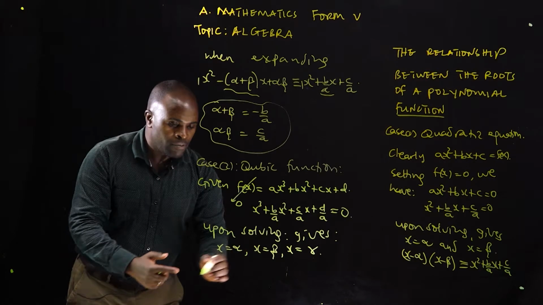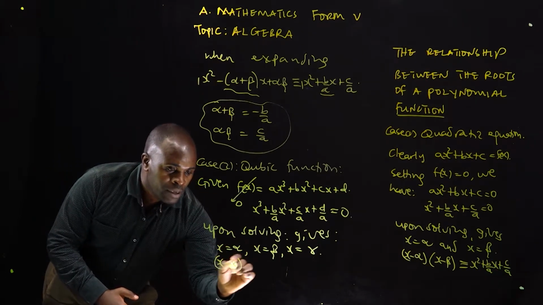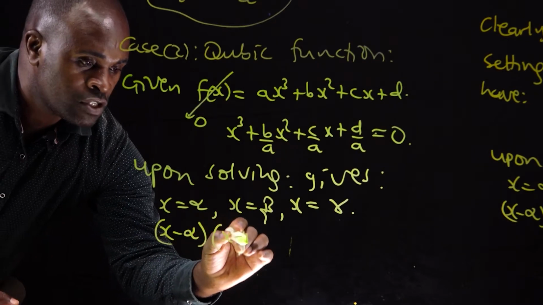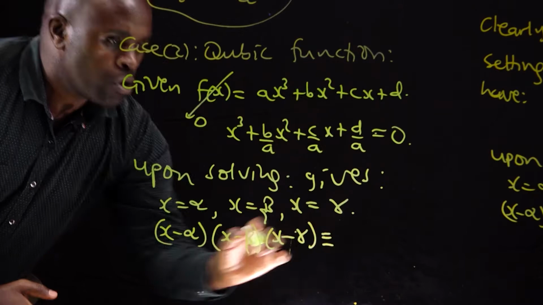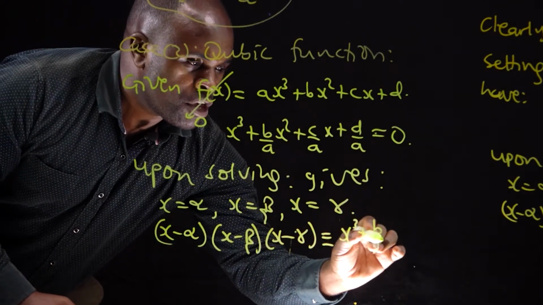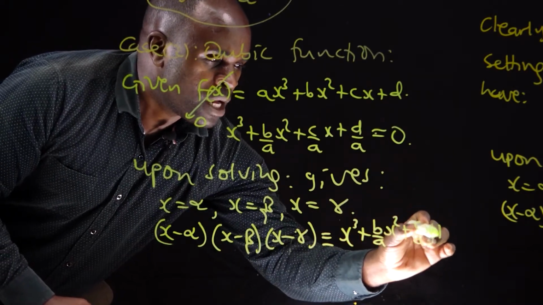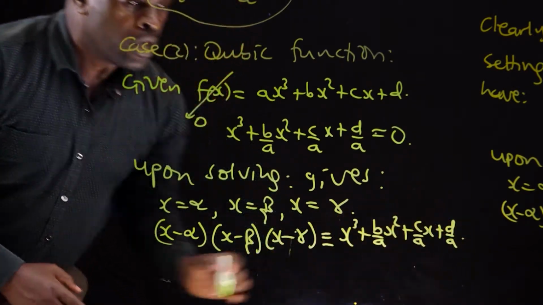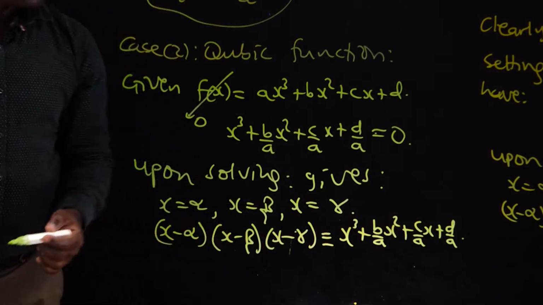With this one, it is enough to say x minus alpha, multiplied by x minus beta and x minus gamma, is proportionally equivalent to x cubed plus b over a x squared plus c over a x plus d over a. So we are now able to make the expansion on this part.